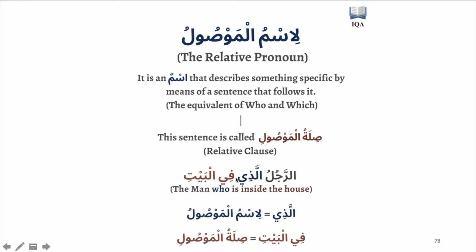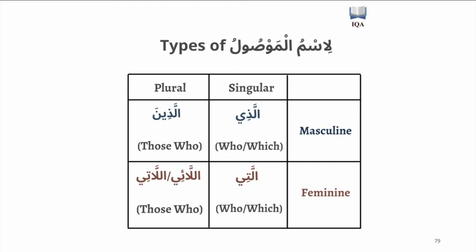Now, the ism mawsool in Arabic is a bit more complex than in English. There are different types of ism mawsool based not only on the number of things, but also on the gender of the thing you're referring to. The singular masculine is alladhi, which can be translated as who or which, depending on the context, which we're going to explain in a second.